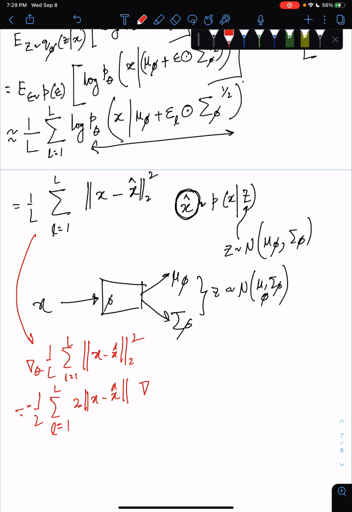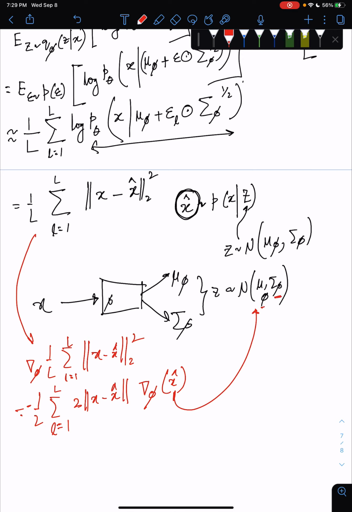And this x hat has got this mu phi and this sigma phi.